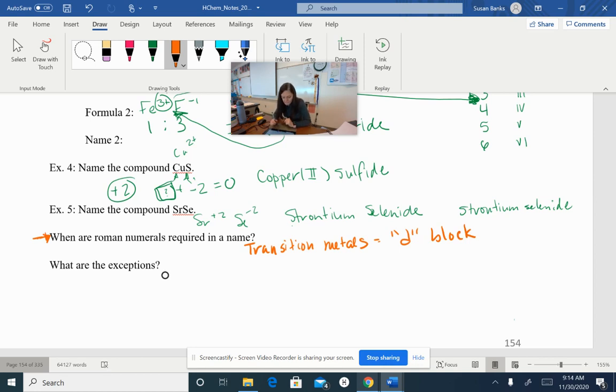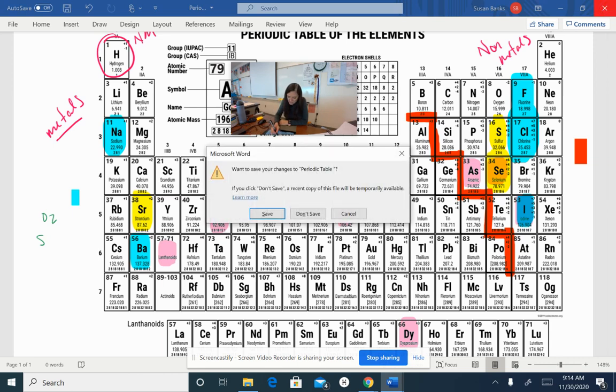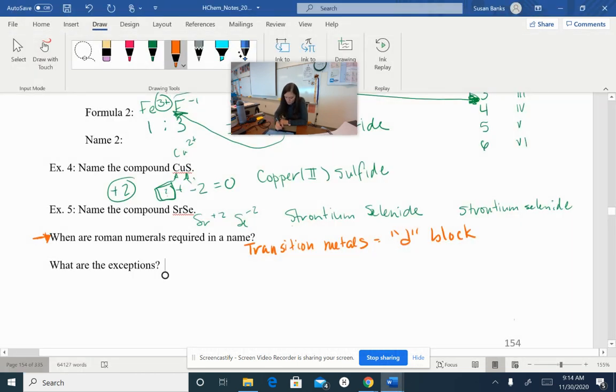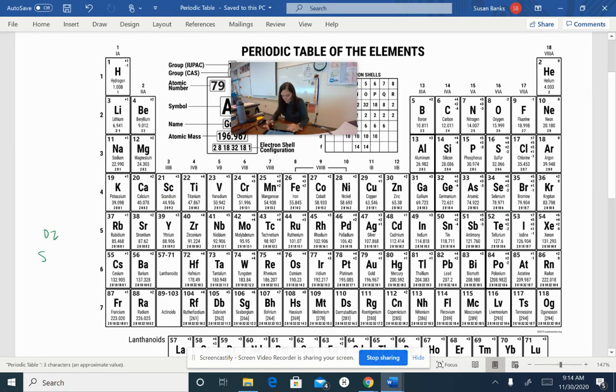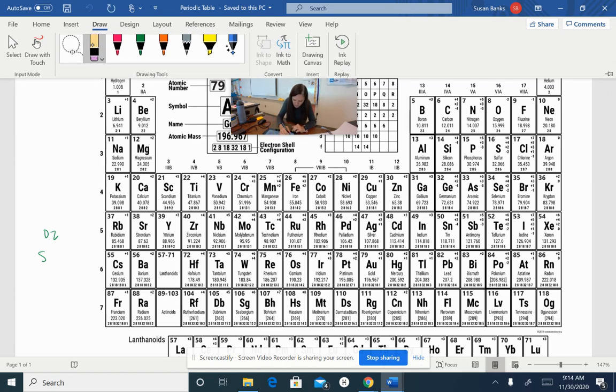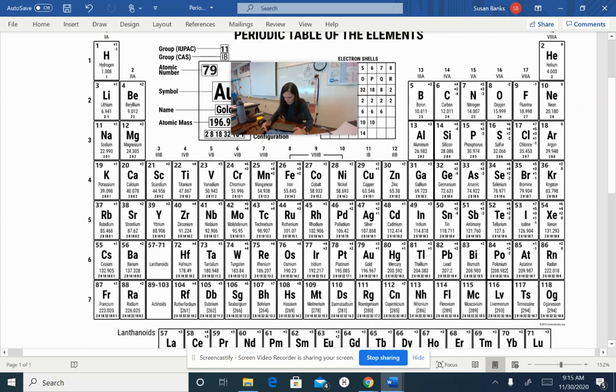So let's get a new periodic table. Let's close this out. Let's not save it because I don't want all that marking that we've done on it. Let's reopen it fresh. So let's do some fresh marking on this.